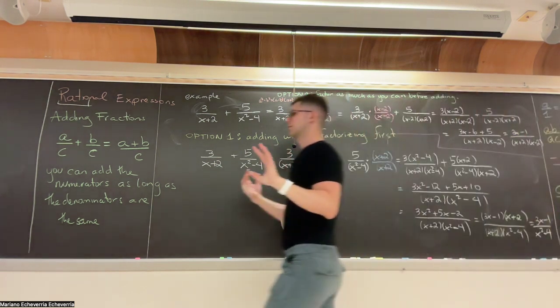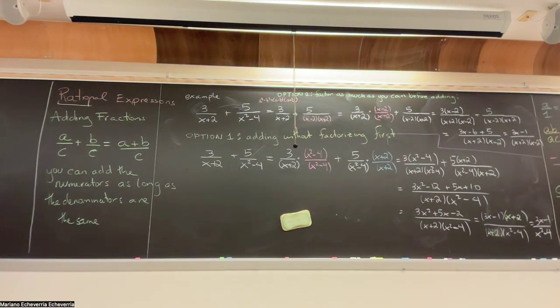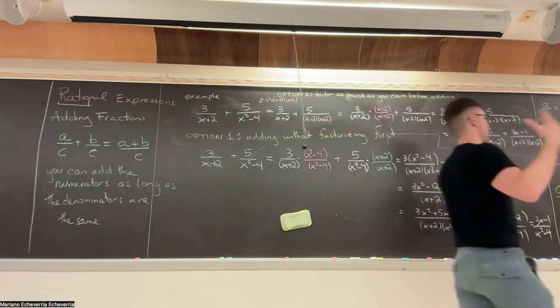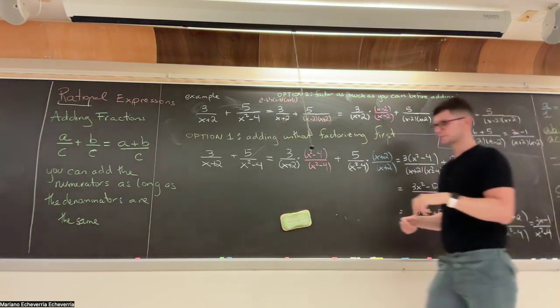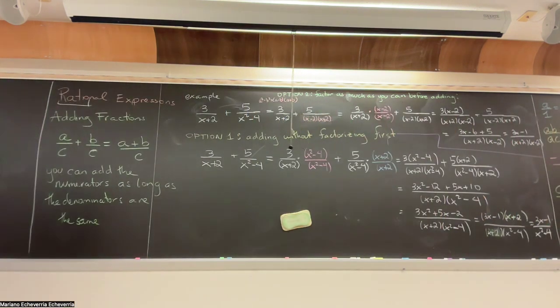Okay, so that's what you try to avoid as much as possible in these types of problems, because you want to simplify the smallest things available to you. Does that make sense?